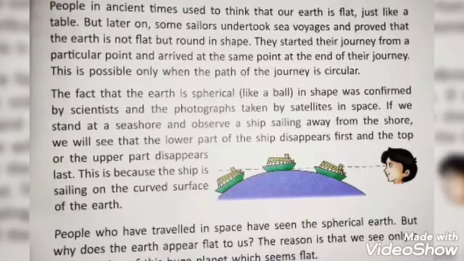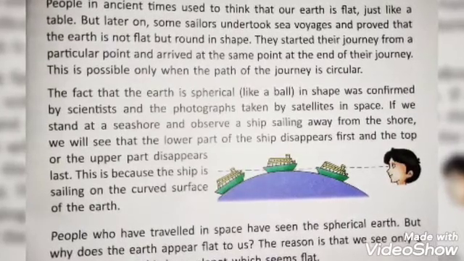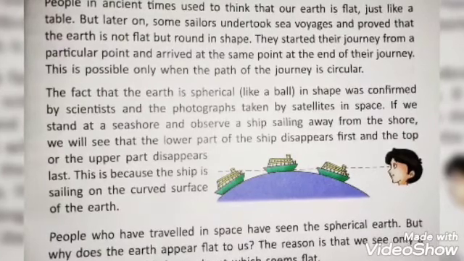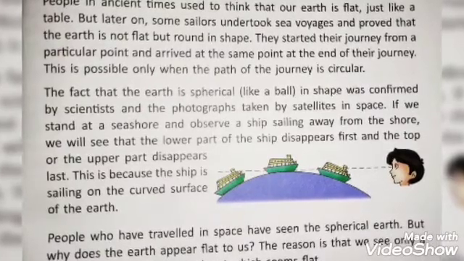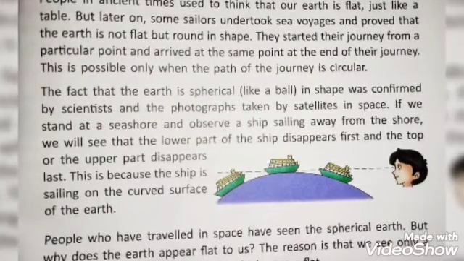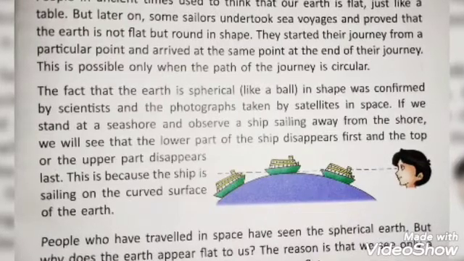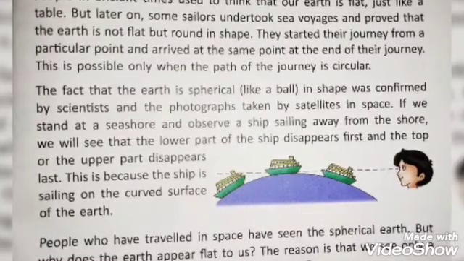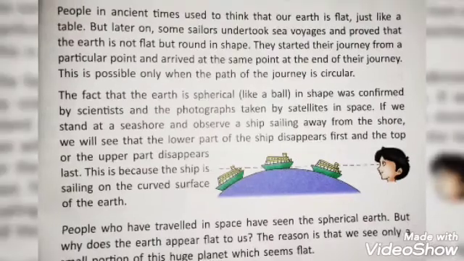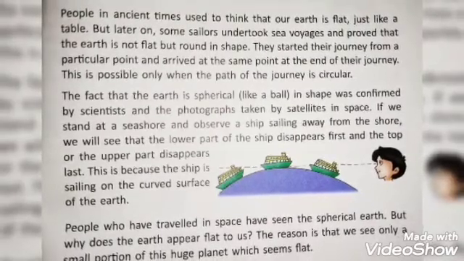So, they proved that the Earth is not flat but round in shape. And how did they prove it? They proved it by starting their journey from a particular place and coming back to that particular point after moving through all the places of the earth.